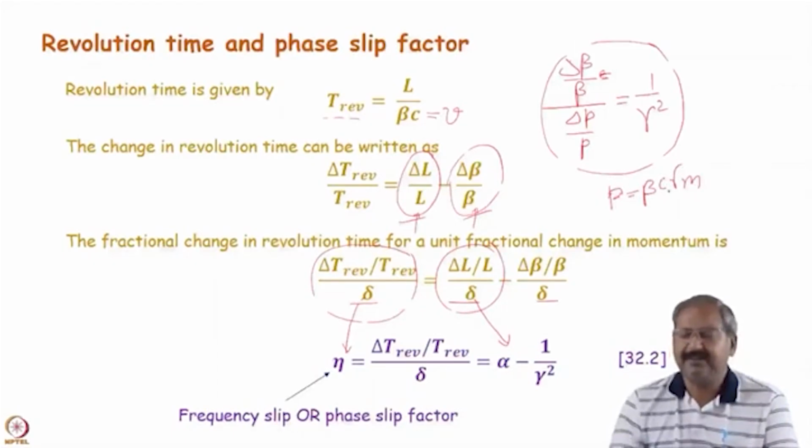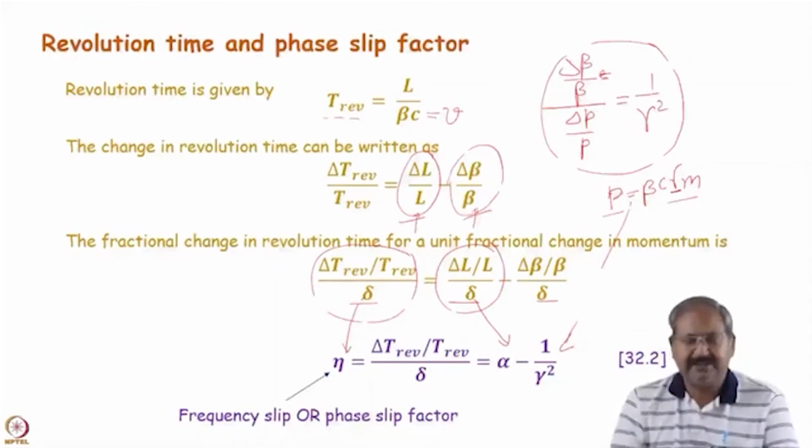Now you can write gamma also in terms of beta: gamma is equal to 1 upon under root 1 minus beta square. So the whole equation will be in terms of P and beta. Now you can calculate delta beta by beta and delta P by P by taking the logarithmic derivative of this. So this is an exercise to prove this relation.